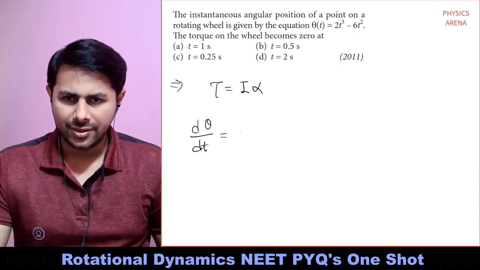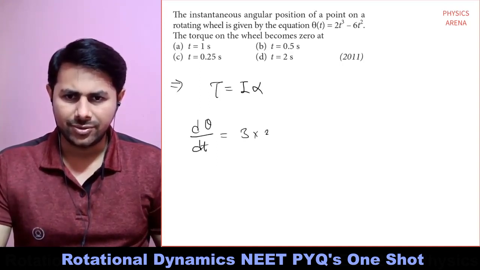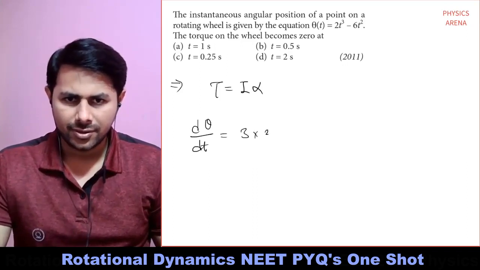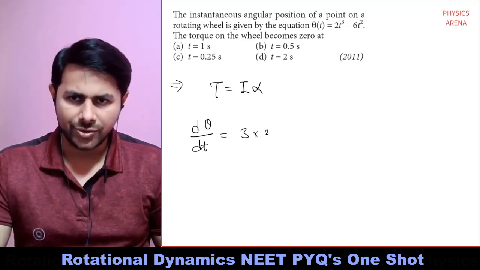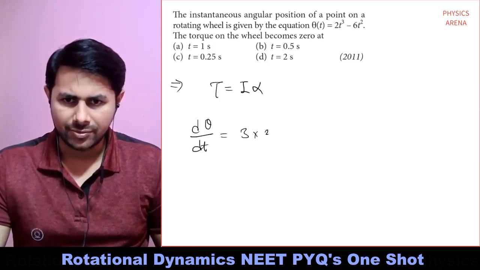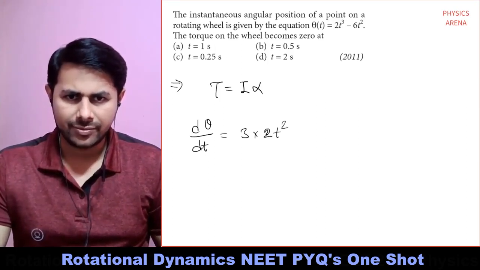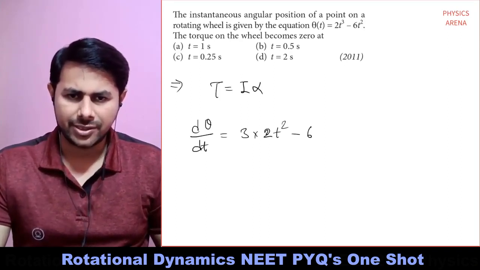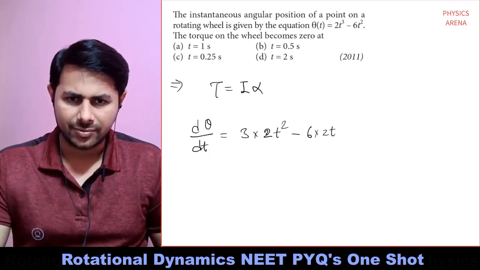We get 3 multiplied by 2t cube, so 3 multiplied by 2 into t square, minus 6 multiplied by the derivative of t square, which is 2 times t.